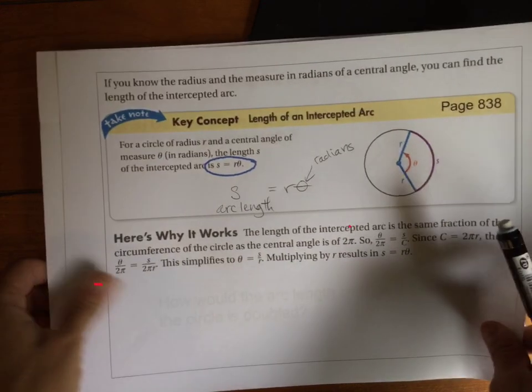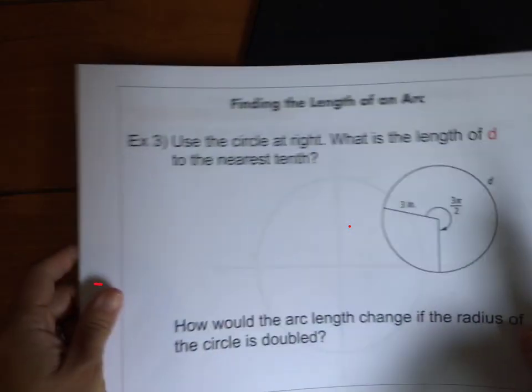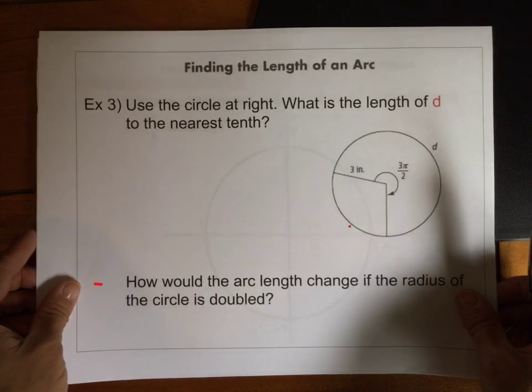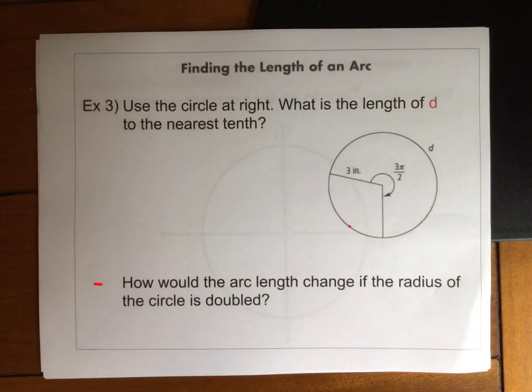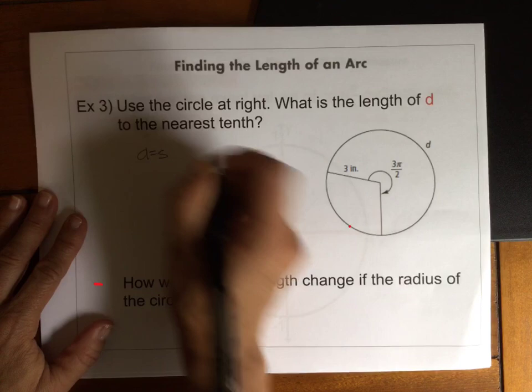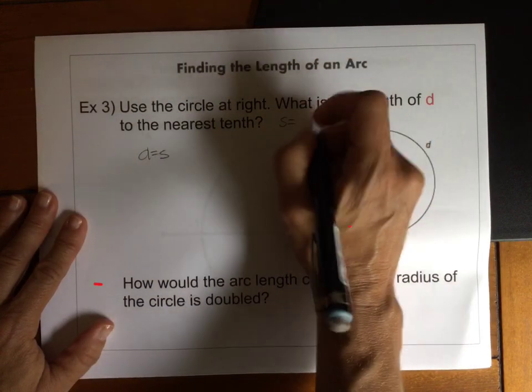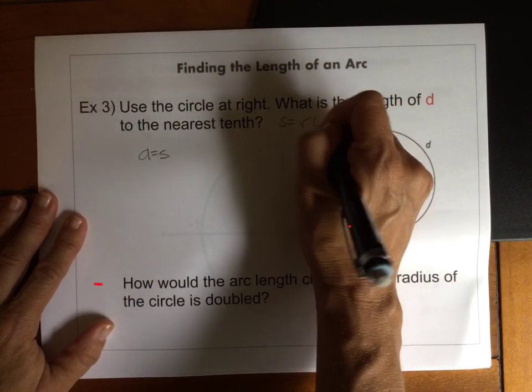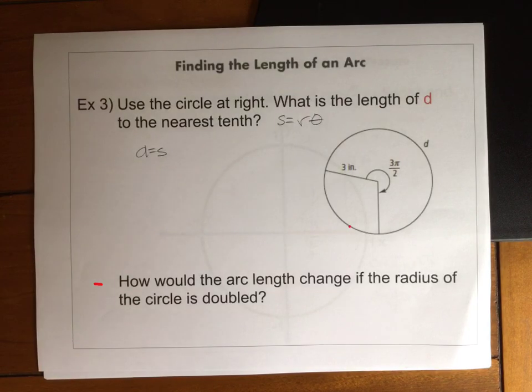Okay. All right. Here we go. Now we're going to use it to try to do a problem. So use the circle at the right. What is the length of D to the nearest tenth? So D is our arc length. So D is S in this case. And remember, our arc length is radius times theta in radians.